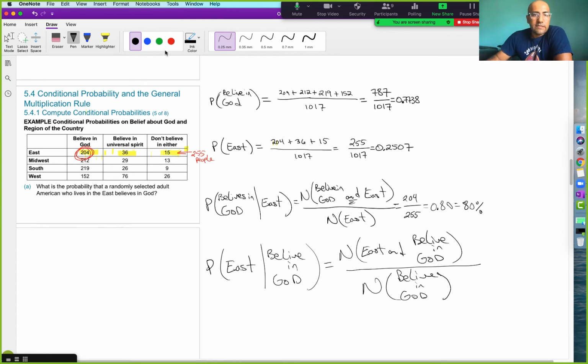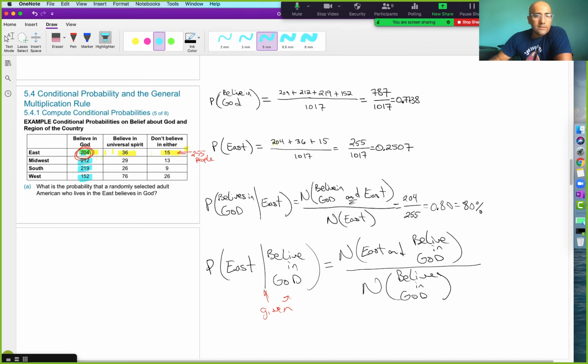Since this is the given over here, we're guaranteed to be only focusing on the people that believe in God. If we come over here, and hope this highlighter works this time, let's put them in blue. If we're only focusing our attention on the people that believe in God, then that's these people.